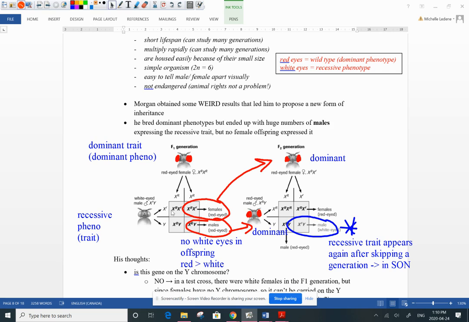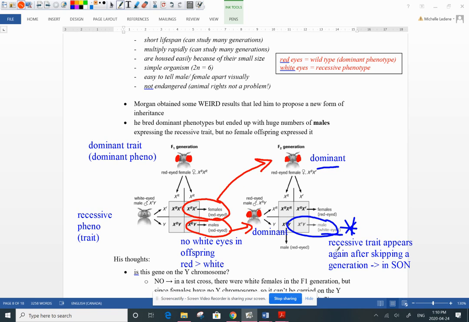So then what did he do? Okay, once again, you can do this in fruit flies, but not in people. He took some of the red-eyed female offspring from this F1 generation to make the F2, and he took some red-eyed males. So here's a red-eyed male, red-eyed female, dominant trait times dominant trait, and what happened?